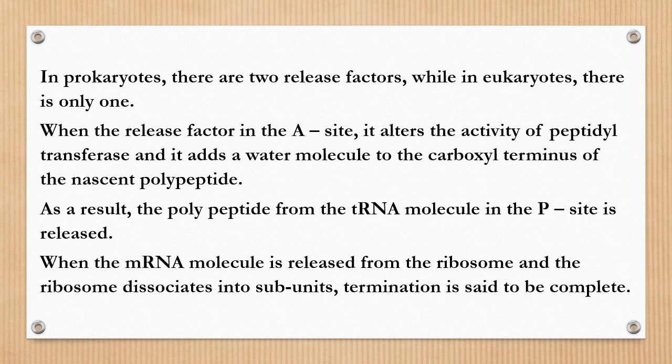In prokaryotes, there are two release factors, while in eukaryotes there is only one. So RF1 and RF2, two factors, we can observe in prokaryotes, whereas in eukaryotes only one release factor identifies all three stop codons.